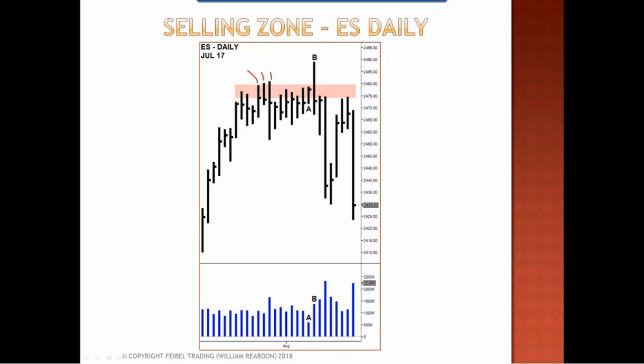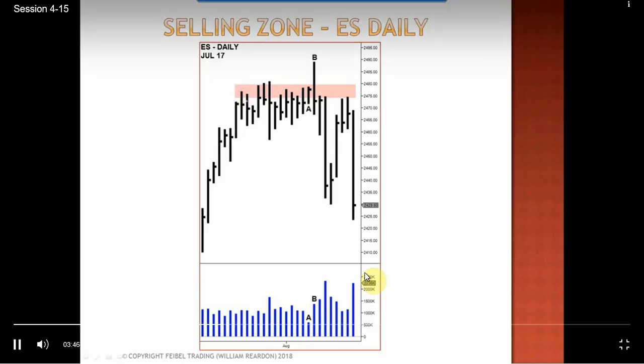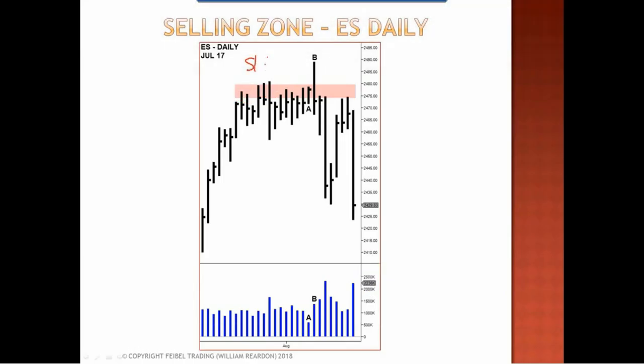Here, here, and here, selling off the highs. Here and here. So now, 5 out of 6 days, we can clearly see that sellers are capping upside progress.